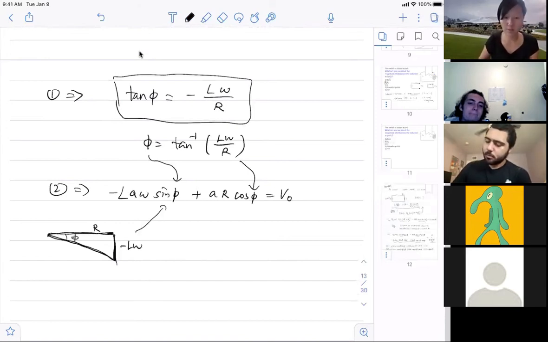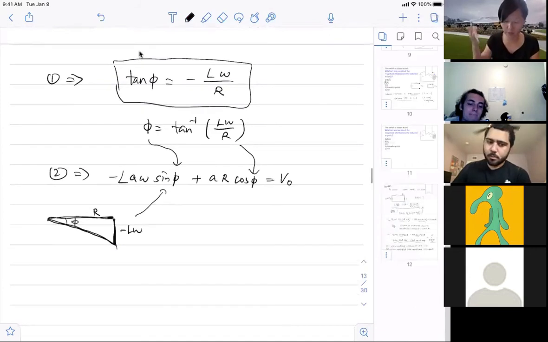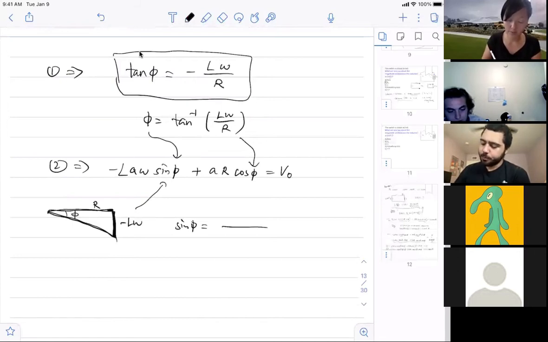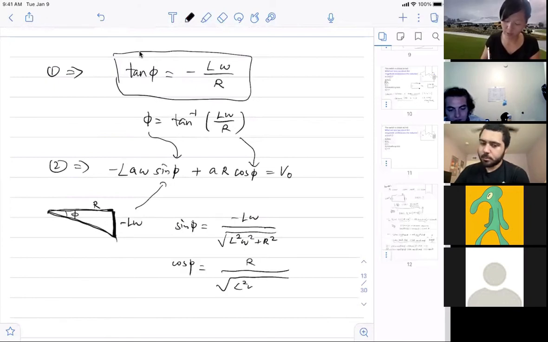This is probably a trick you have seen before. From this triangle, sine of phi must be, SOHCAHTOA, the opposite side, negative L omega, over the hypotenuse. Don't worry too much about the algebraic details; I just want you to be able to generally follow what I do. So you can write your cosine and your sine, and plug them in here.